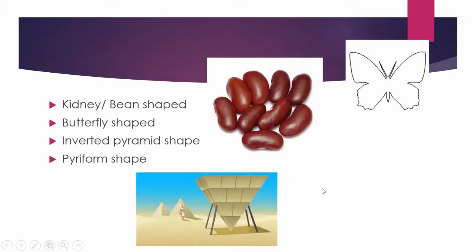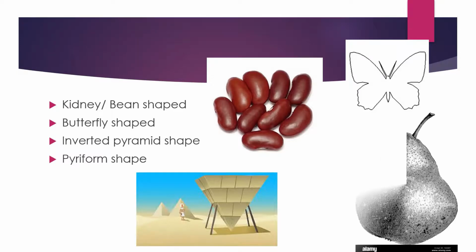Even indirect hernia is described as pyriform shape. Though teachers don't like to hear the description in that form, in your books these things are written. So if you tell a butterfly shaped swelling in front of the neck, or an inverted pyramid shaped swelling on the left side of the face, that would not be that wrong, I think.